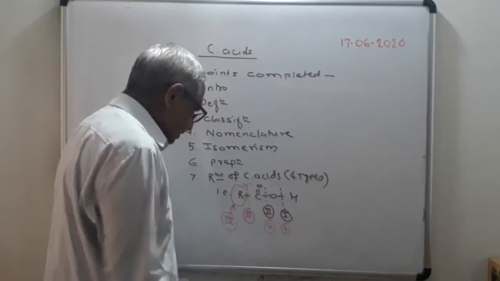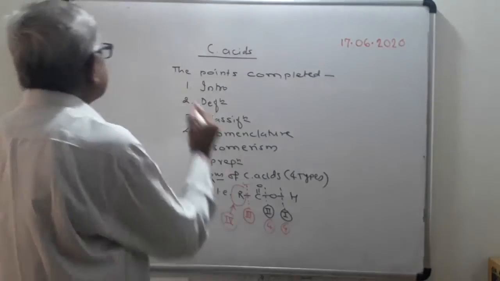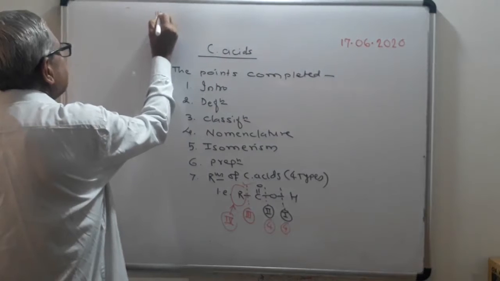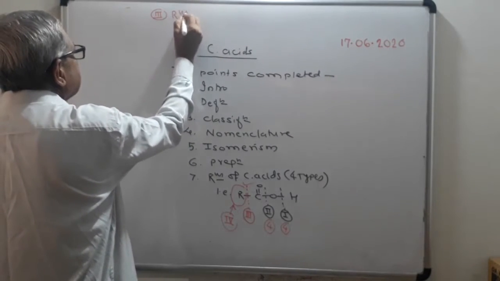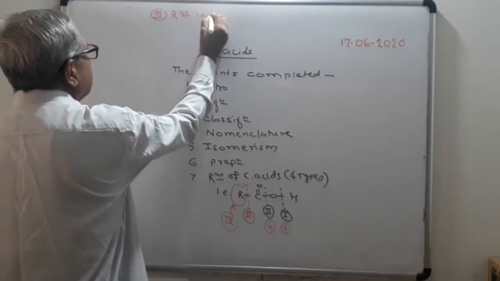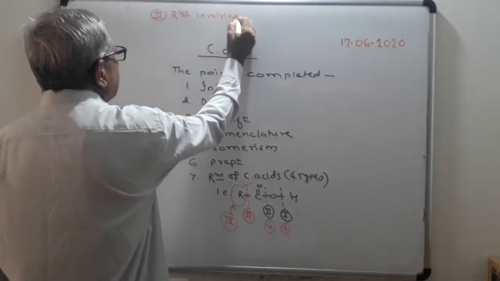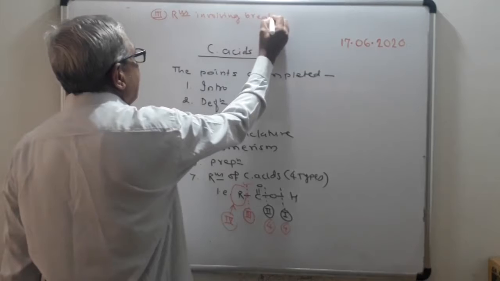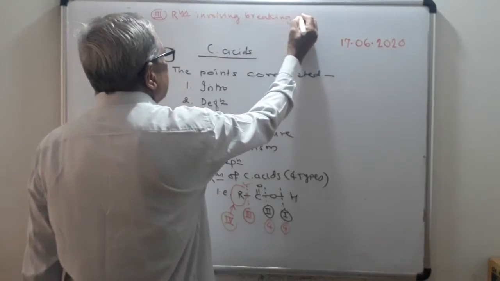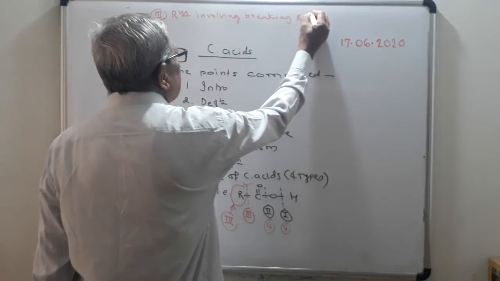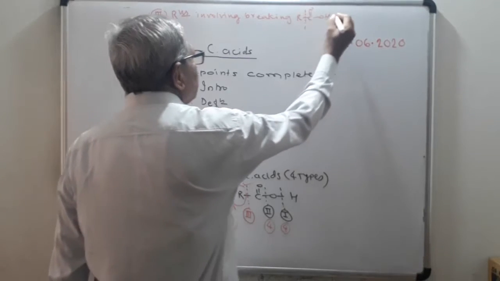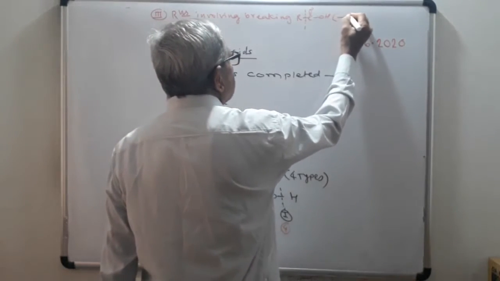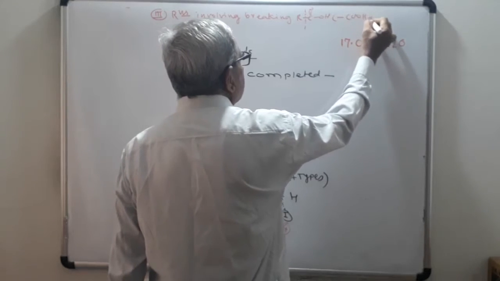Today we are going to learn the third type of reactions, that is reactions involving breaking of RC double bond OH, that is the COOH group.